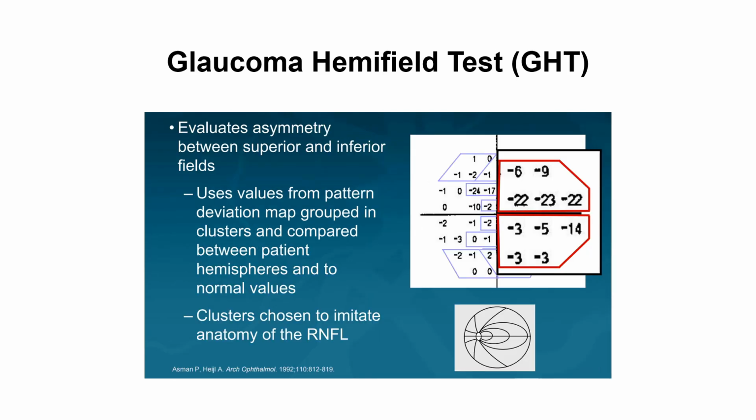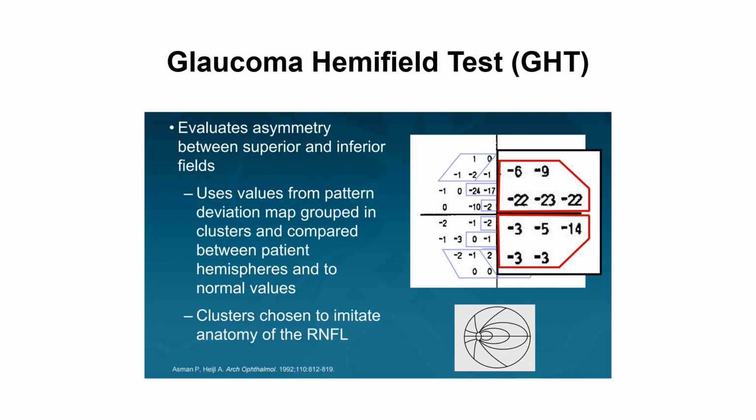The glaucoma hemifield test, which is the third marker and is very important in the global indices, evaluates the asymmetry between the superior and inferior fields. They choose clusters to imitate the anatomy of the retinal nerve fiber layer. They use these clusters and compare them between the superior hemisphere and the lower hemisphere, and to a normative age-corrected database.